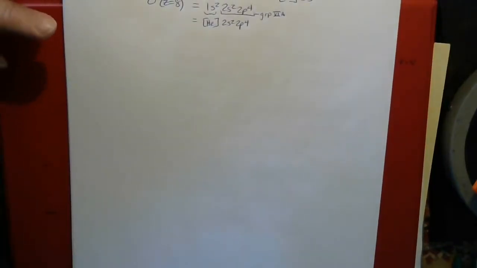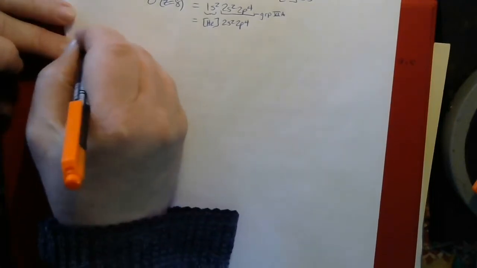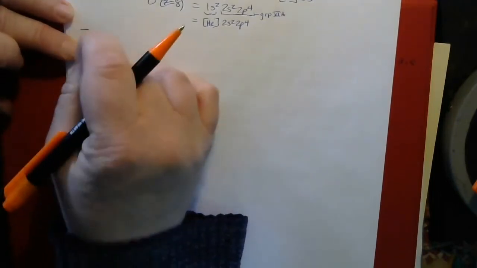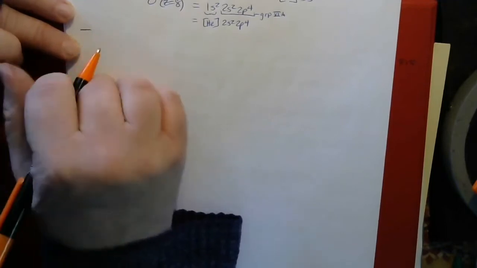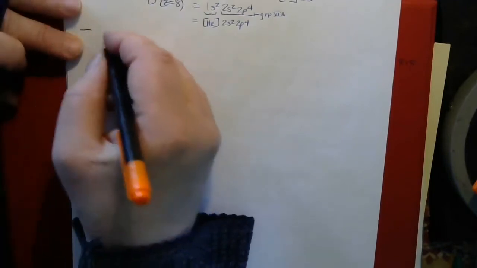The next part, actually, section 8.4, is where we get a look at the different parts of the periodic table and which parts of the electron configurations they correspond to.